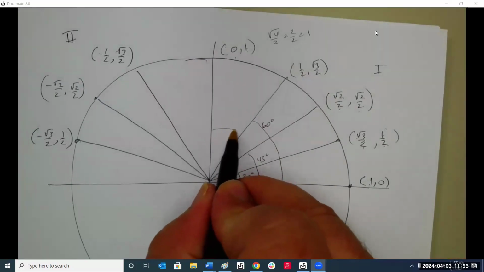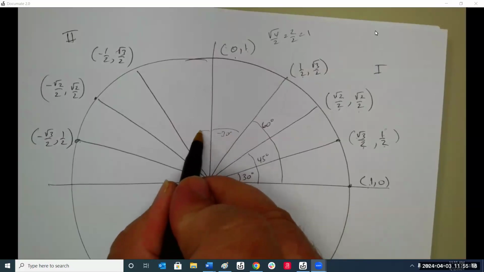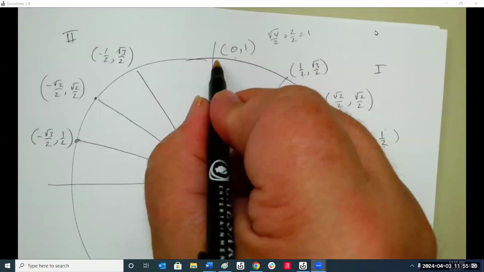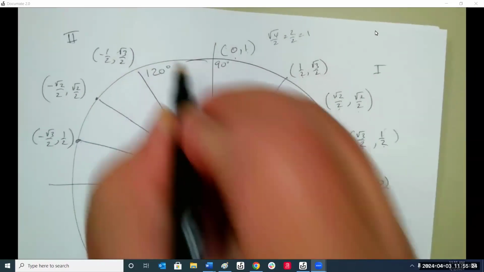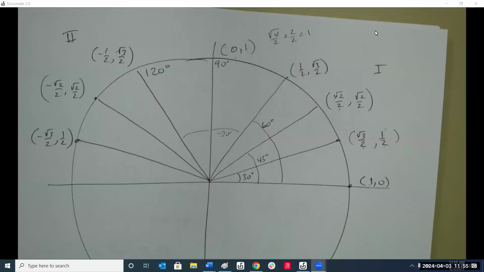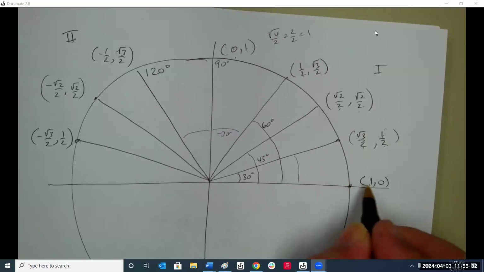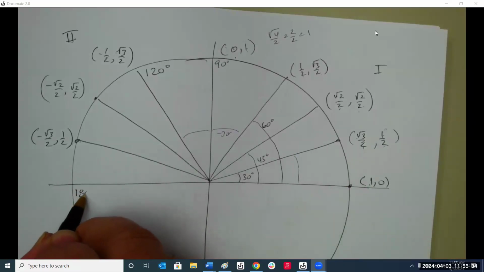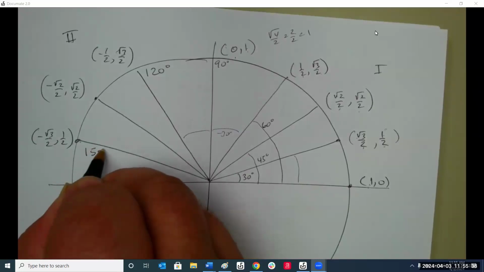So this is minus 30 degrees from the straight up. So if I add 30 degrees to 90 degrees, this is 120 degrees. This is 30 degrees off of the horizontal. So this is 180. If I subtract 30 from it, I get 150.